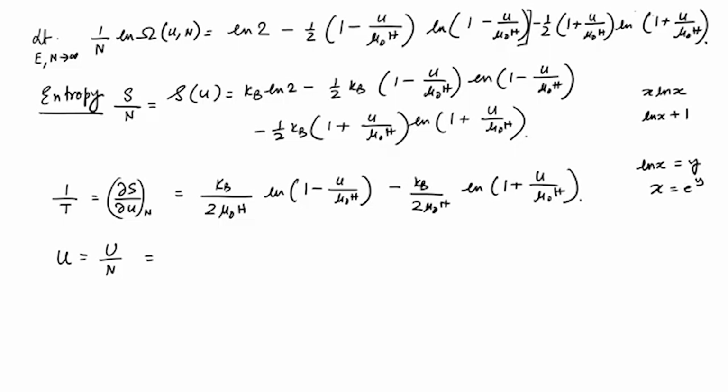Okay. So, use that, and then you would get u as minus mu 0 h tan hyperbolic of mu 0 h by kT.